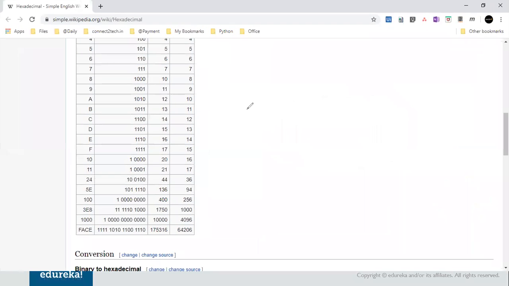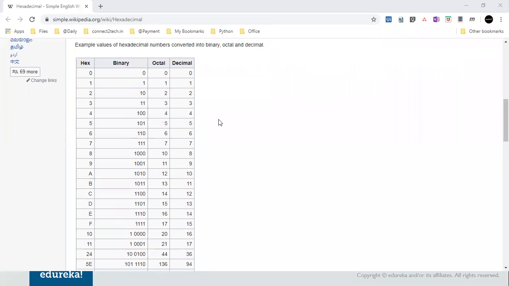I believe you will remember from your school days, college days, that we can have a number represented in different forms. So if this is a decimal number, its hex is 0. Like this, until 9 the hex value is 9, then 10 is A, similarly B, C, D, E, until 15 is F, then 16 becomes 10, right?